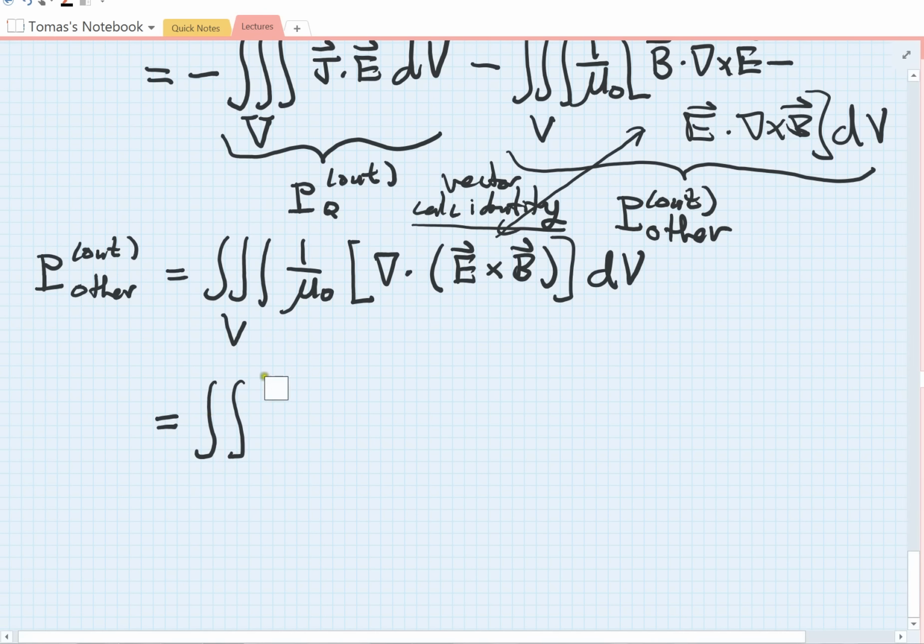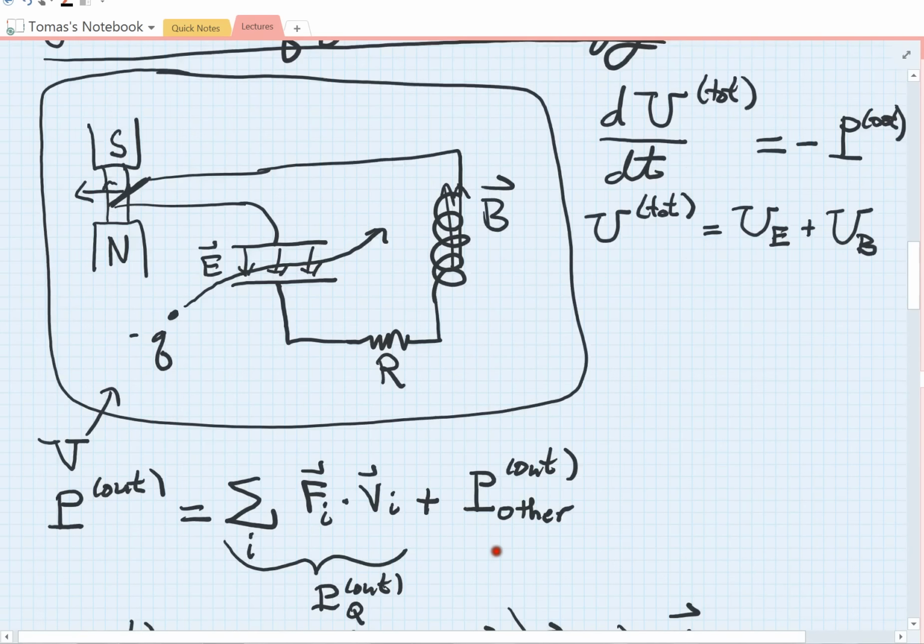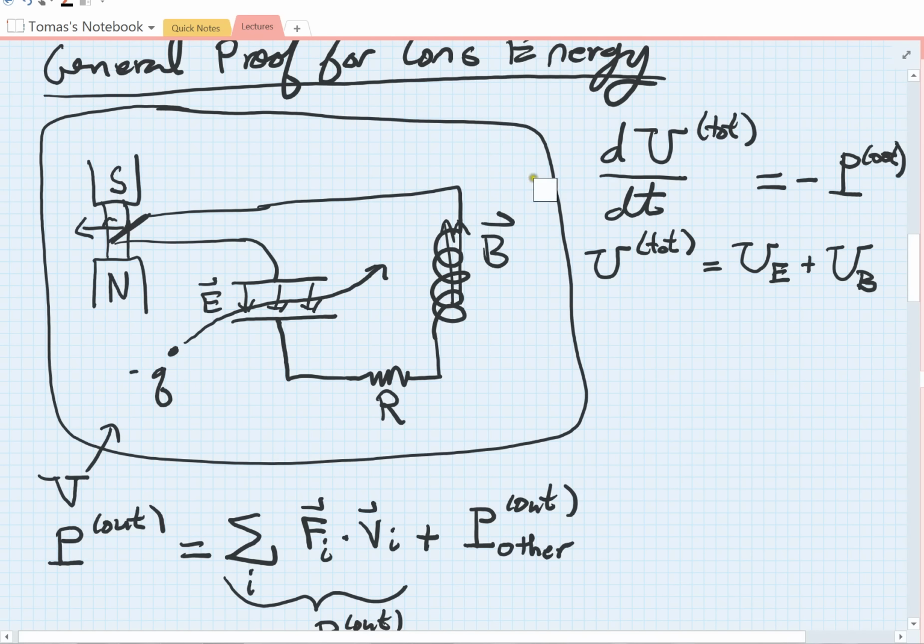This is going to equal a surface integral of my quantity without the divergence. The surface integral, of course, is going to be over the surface of my volume. So this whole volume where this experiment has been going on, it has some kind of a surface. So somehow there's energy leaking out of my surface.